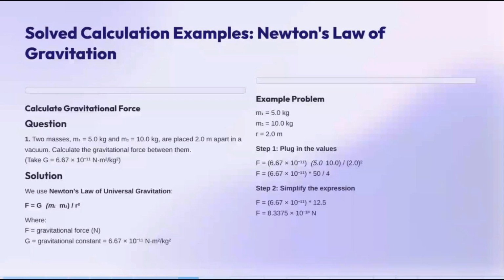The radius is given, but the formula has radius squared, so we have to square it. It's not really the radius, it's the distance between both of them. Don't mistake it, it's represented with R. Yes, it's represented with R.